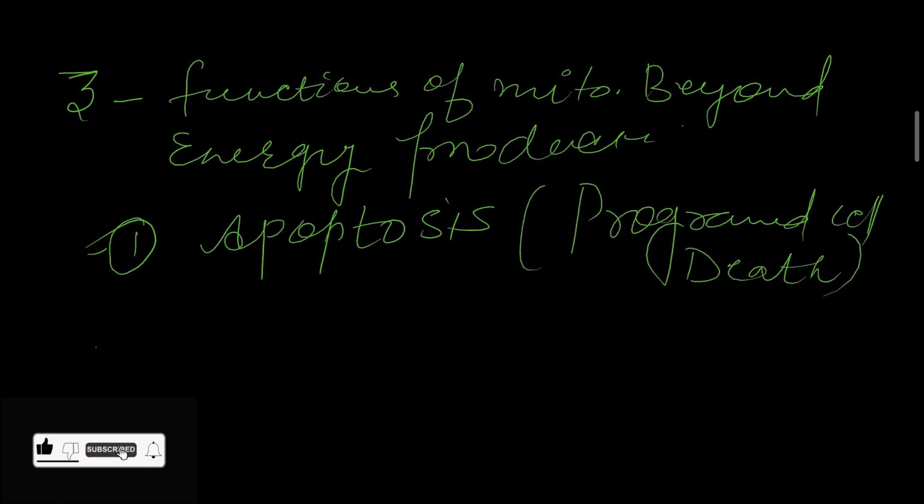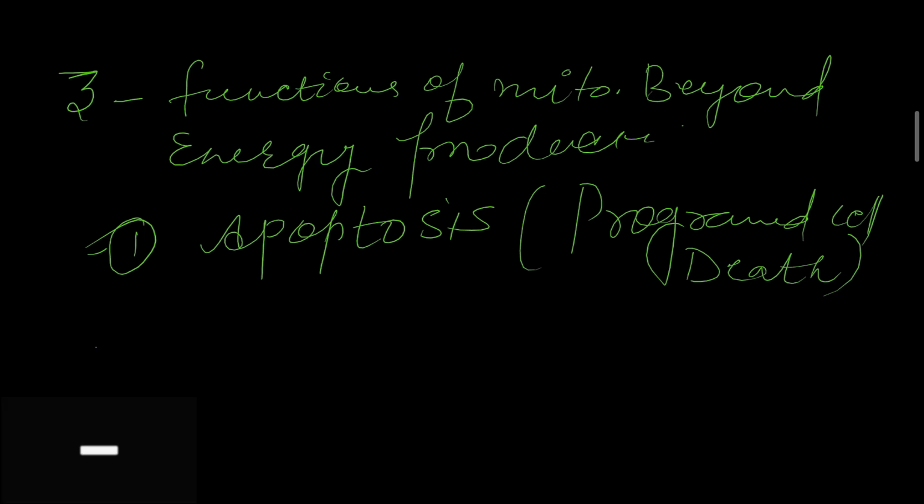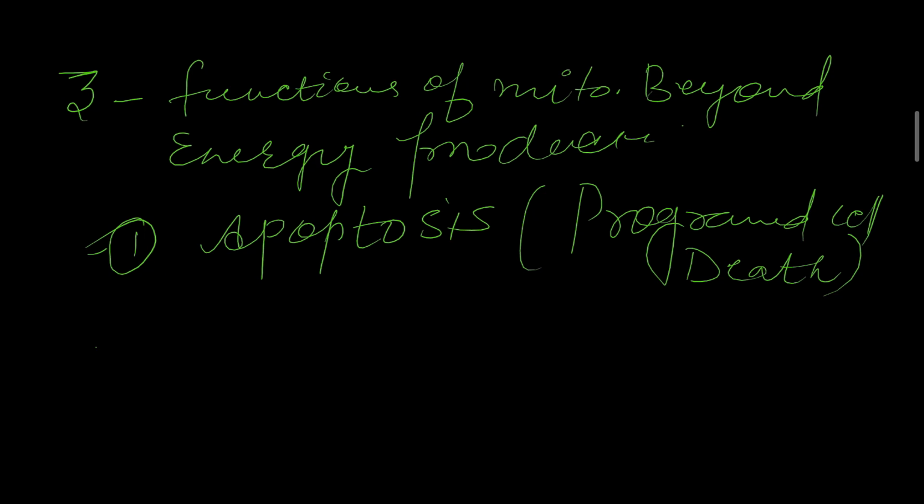In this, mitochondria regulate apoptosis, a process that eliminates damaged or unnecessary cells. They release cytochrome C, which activates enzymes that break down the cell. This is important in preventing cancer and maintaining healthy tissues.